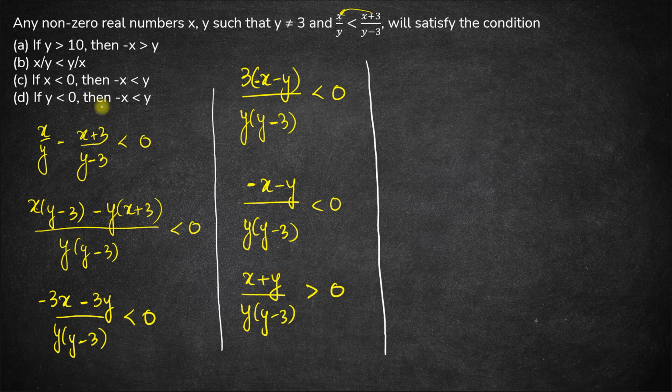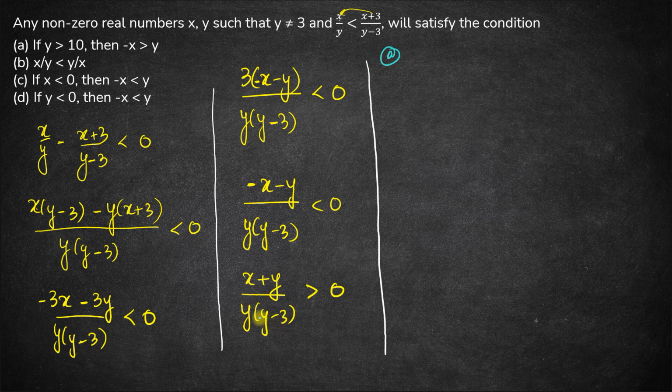So let's check one by one. Let's start with option A. Is option A correct or not? If y is greater than 10, and for this number to be greater than 0, then is minus x greater than y or not? We'll have to check that. So if y is greater than 10, the denominator here will be greater than 0.